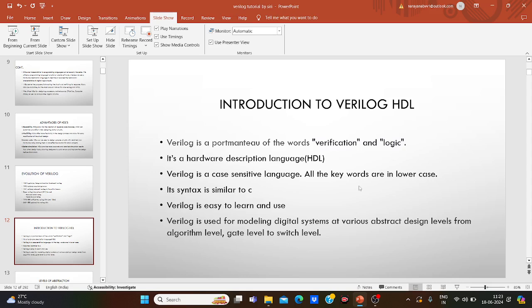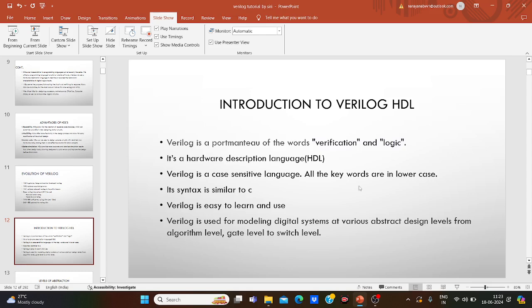If you have a basic knowledge of C, you can easily understand Verilog. Since the syntax is mostly similar to C, it is very easy to learn and use.